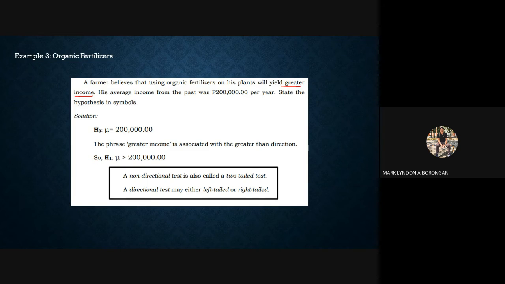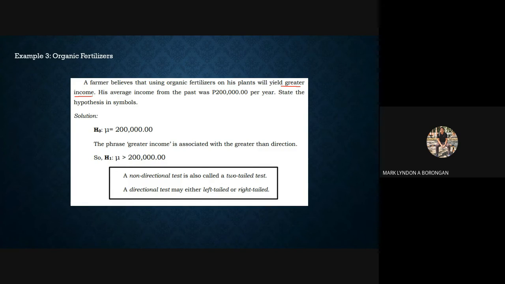Okay. So, ang correct answer is directional siya. Directional siya because naman siya direction whether greater ba siya or less than. Okay? So, ang direction niya will be right or left-tailed.